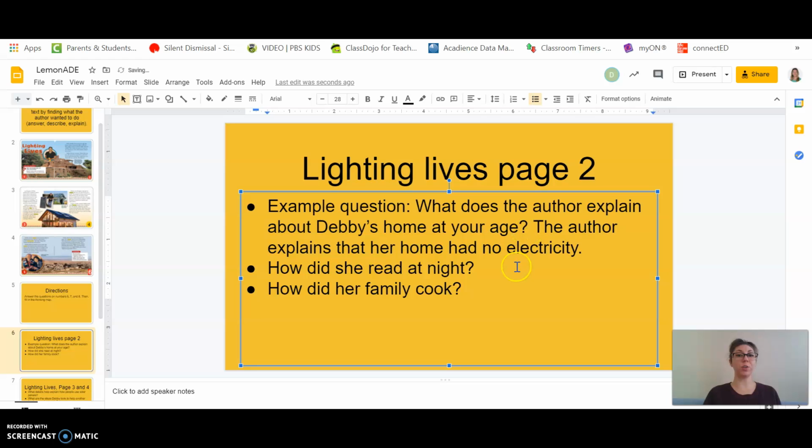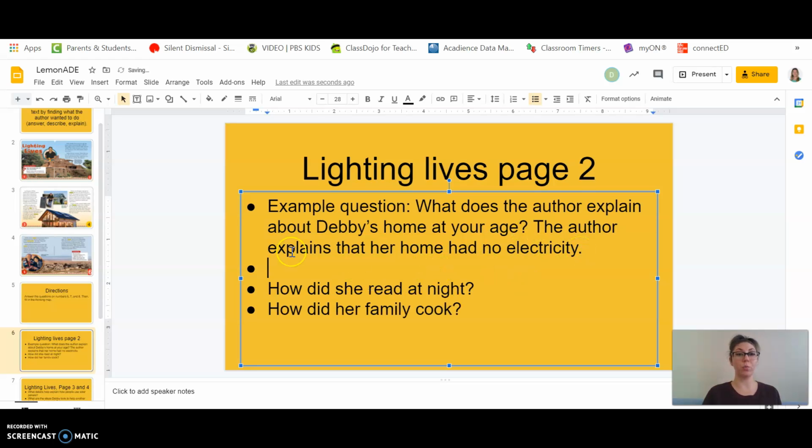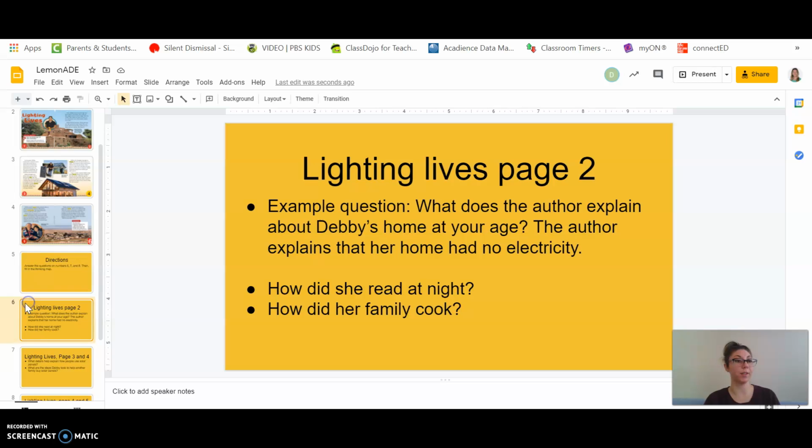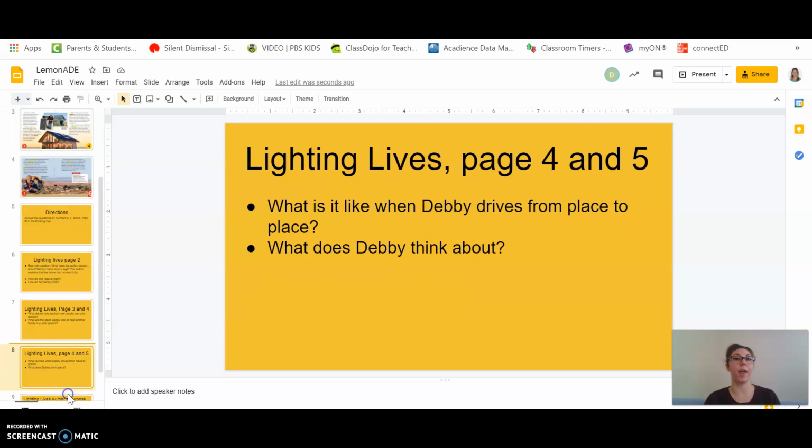So what you're going to want to do is you're going to want to read the question, reread the page, and then click here until you see the black blinking line and type your answer to the question. It's okay if it takes you a little bit of time. You're going to do this on slide number 6, 7, and 8.